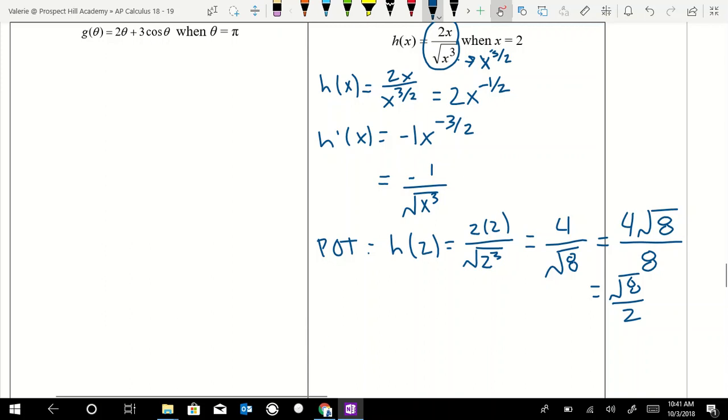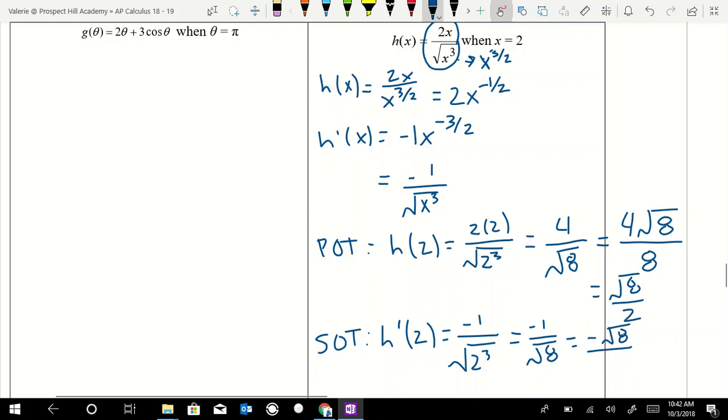So now let's find my slope of tangency. So I'm going to use my h prime now. So h prime of 2 is equal to negative 1 over square root of 2 cubed, which is negative 1 over square root of 8, which is just negative square root of 8 over 8.